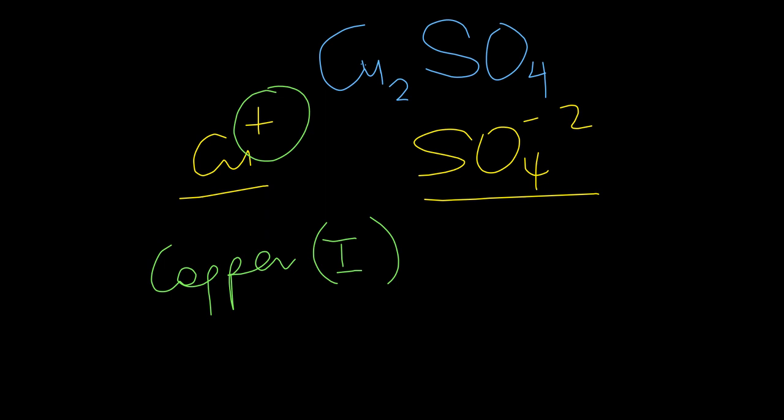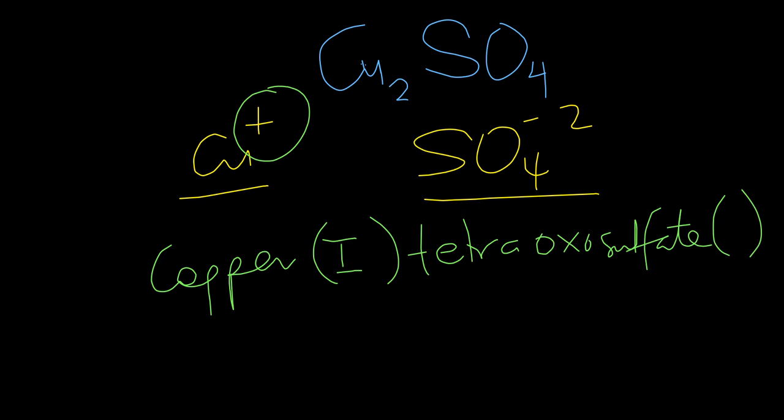So that will be tetraoxosulfate with a parenthesis in which we are going to write the oxidation number of the sulfur. So let's calculate that quickly. We have sulfur plus 4 of the oxygens equals -2.